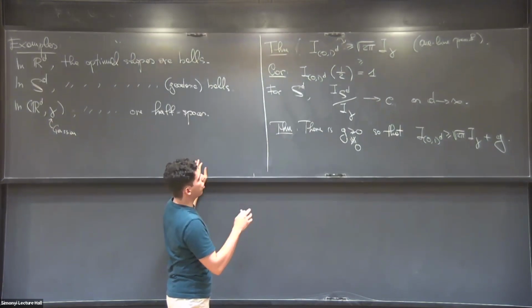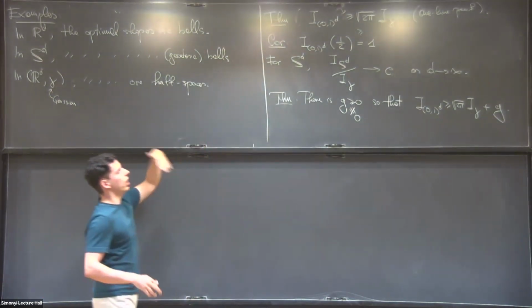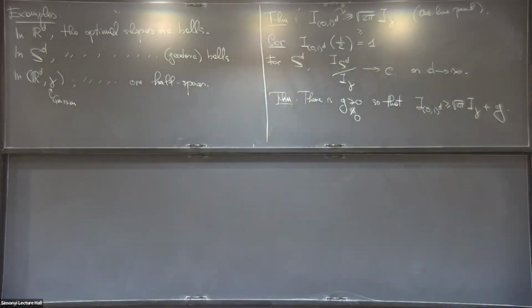Okay, so this more or less tells you that this inequality is not enough to understand what happens in very high dimension. Maybe we can say something about low dimension, and it turns out that in low dimension we can say a bit more. For example, in dimension 2, this one was folklore and written down by Brezis and Brookstein somewhat recently.